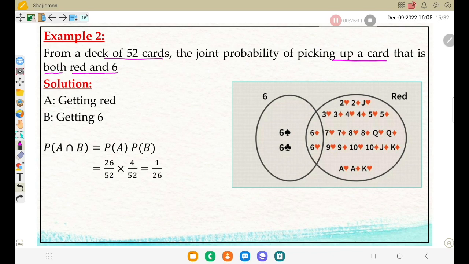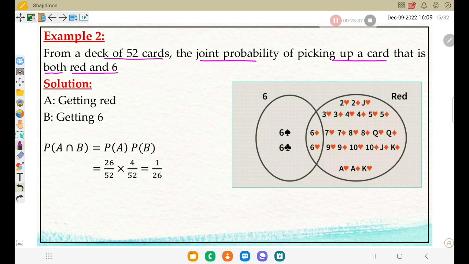We have a deck of 52 cards. If you take one card out of 52, that card should be both red in color and number 6. Two events occurring together. What is the probability of that? This is what we call joint probability.